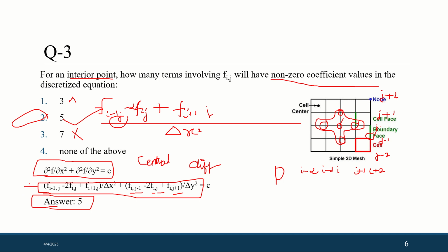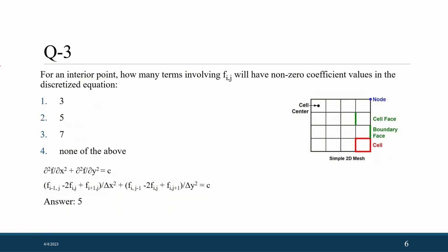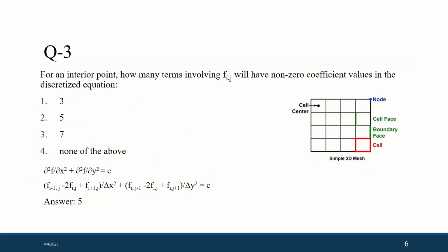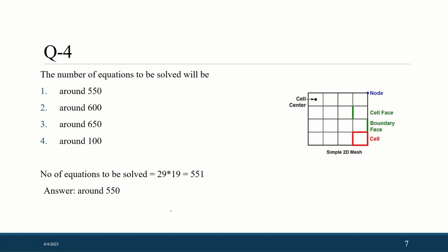So obviously we have one discretized equation for this, when we are dealing with the point i comma j. So the number of equations would depend on the number of points, the number of grid locations. So consider a smaller grid. This one is pretty large. So this one is fine.